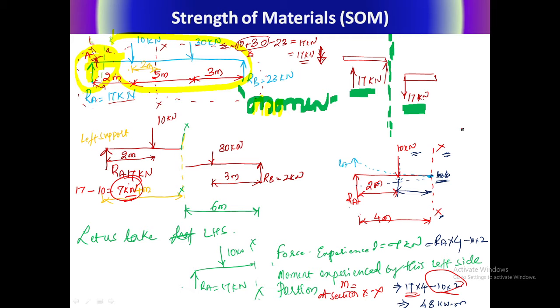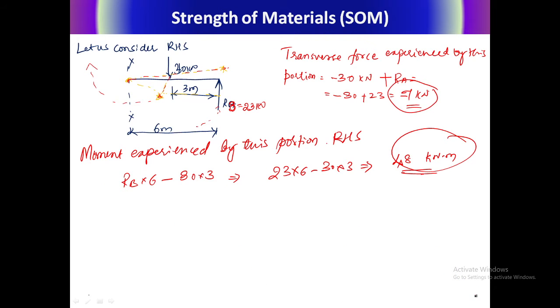Sorry, earlier this is in a clockwise direction. But here it is making an anti-clockwise direction. Right? You just look out. 23 into 6 is anti-clockwise direction.